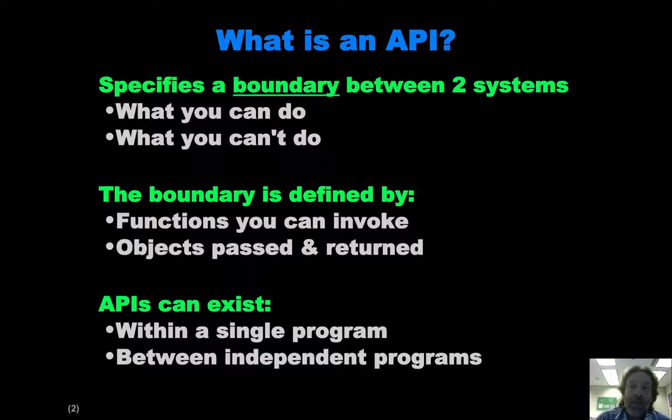Okay, so as I said before, there's a couple major kinds of APIs. APIs that occur within a single program where you're separating out components and generally establishing kind of public and private packages or areas. And then there's APIs that occur between programs, and those are more generally referred to as protocols because what they basically specify is the way that communication occurs from one program to another. Okay? So an example of an in-program API is the collections framework in Java.